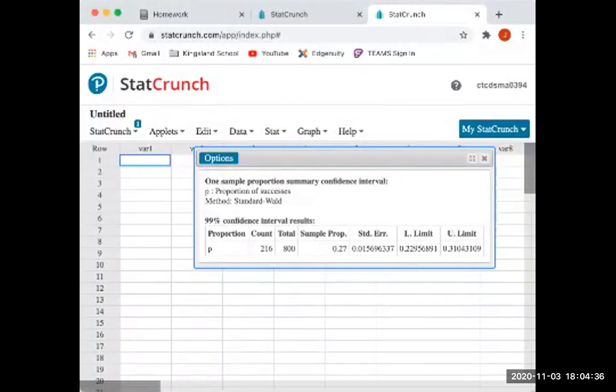And when I say true proportion, what I mean is if I asked everybody, the true proportion of 18 to 29-year-olds who get their news from television.